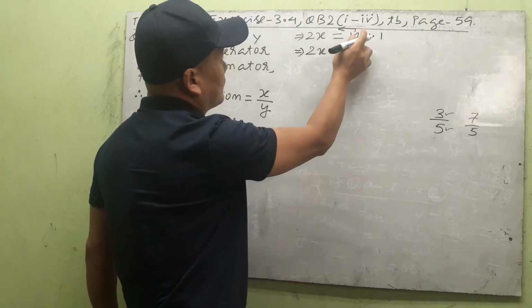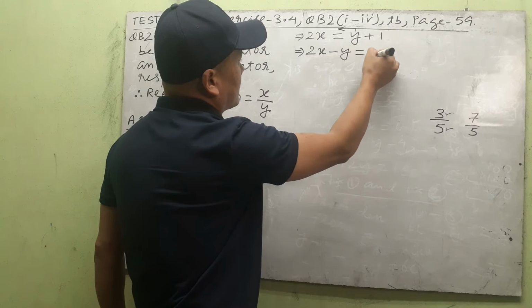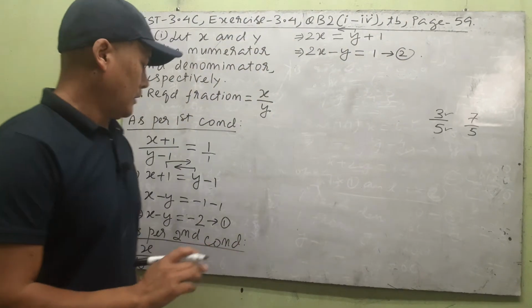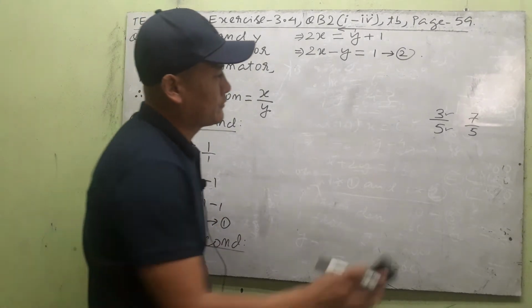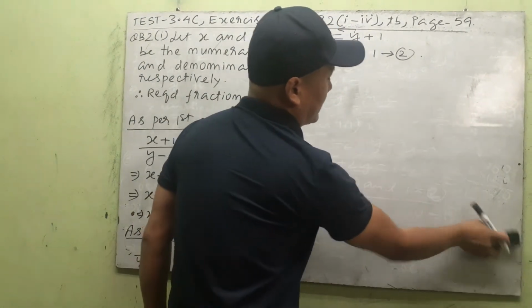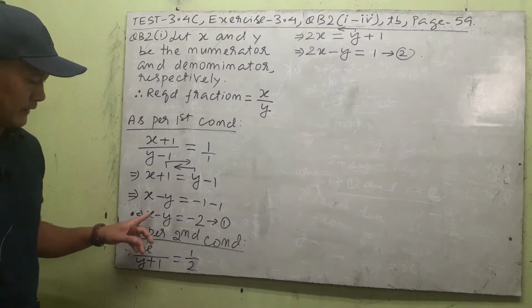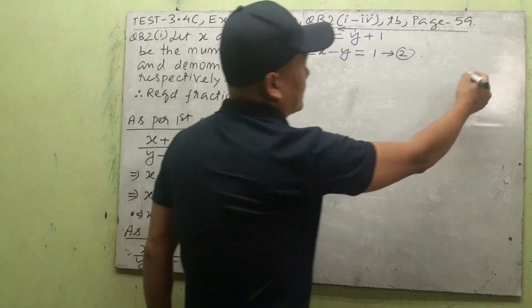No sign in front of y is plus y, shift to left side, becomes minus y. Plus 1, don't shift, just keep it there. This is equation 2. And these two, equations 1 and 2, are simple equations. So you can either solve by substitution or elimination method. Since they're very simple, let's just go by substitution.